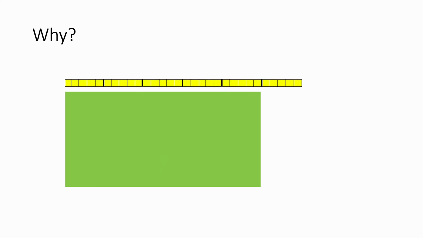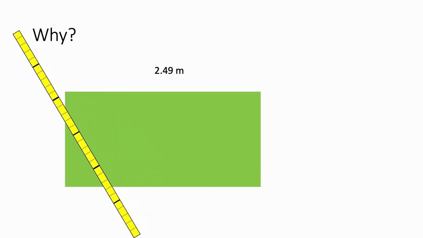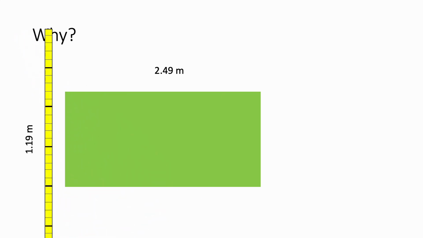Now, why is that? Imagine that you want to measure the area of this rectangle. So you get out your meter stick and you say this is 2.49 meters long, and then the width is, let's see, 1.19 meters, and so our area is going to be 2.49 meters times 1.19 meters, and my calculator says that's 2.9631 square meters, but now think about how many decimal places we have.